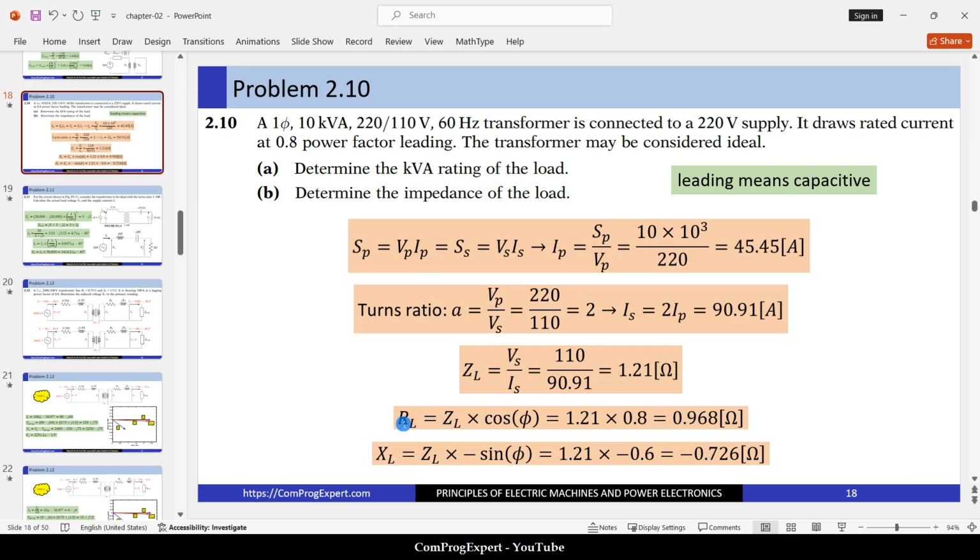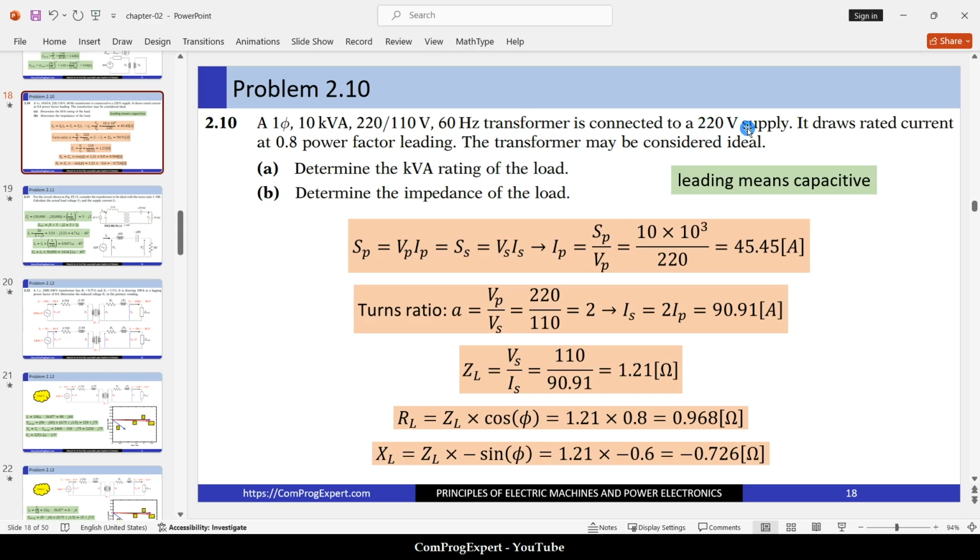The value of the resistance is 0.96 and the value of the reactance is negative 0.72 ohm. So yes, this is the procedure for solving this problem, and you should consider this point.